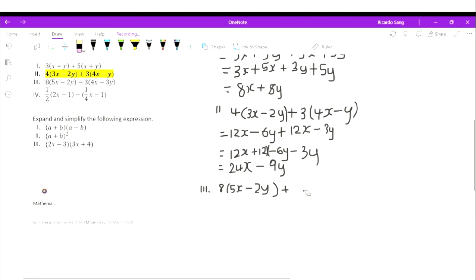Let's write that 3 properly. Somebody might say you can't see it. Also, this is supposed to be not plus but minus. I wrote a plus here when it should be a minus.